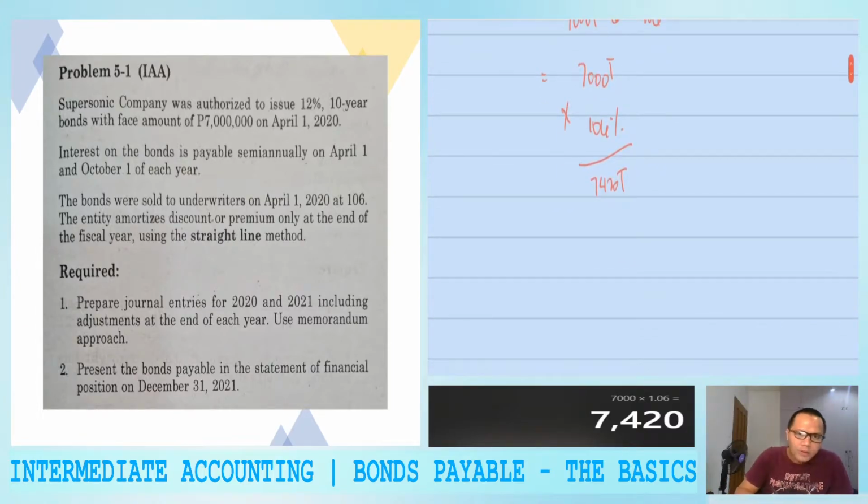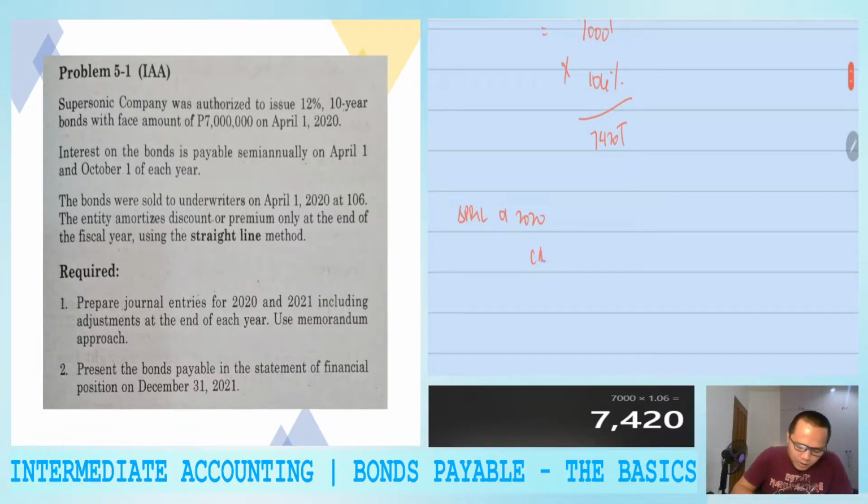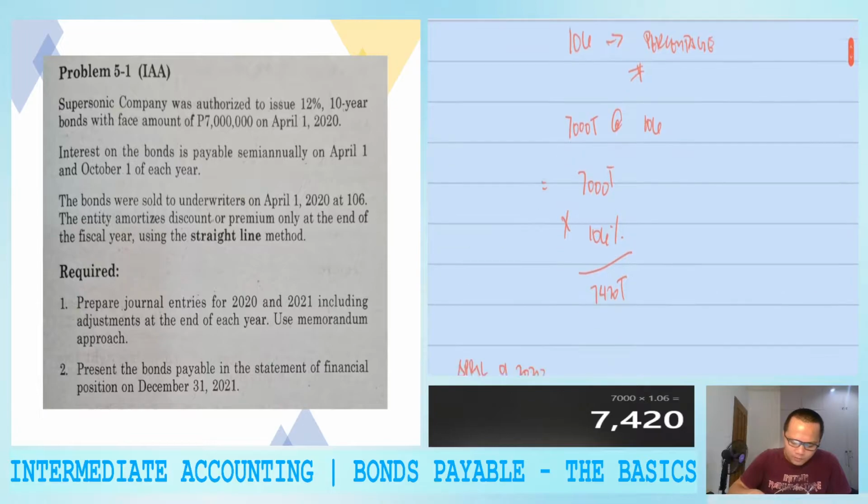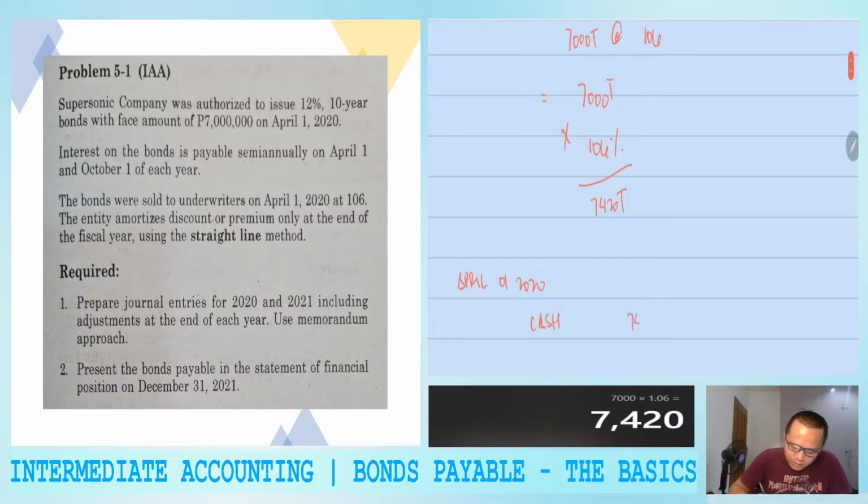If we are to record this on April 1, 2020, our entry would be a debit to cash, because the issuance price is your cash received as the issuer of the bonds, at 7,420,000.